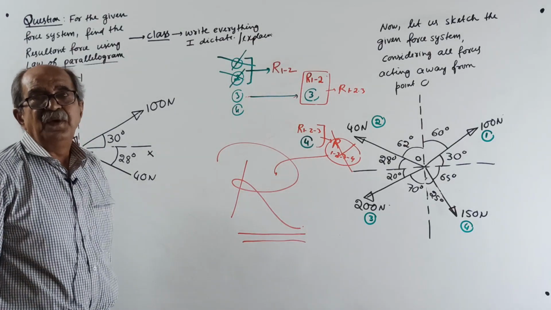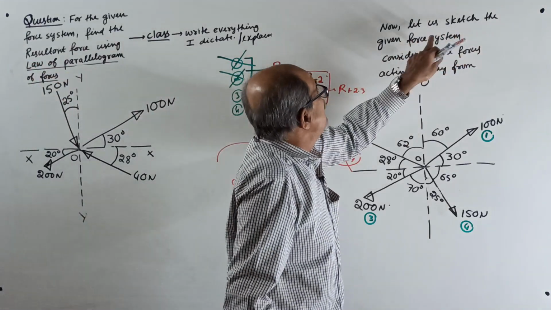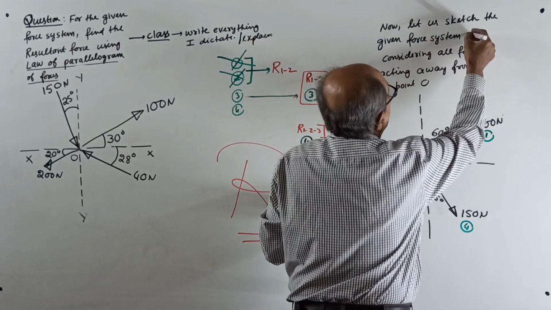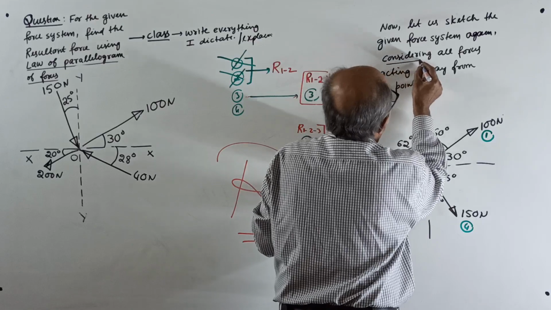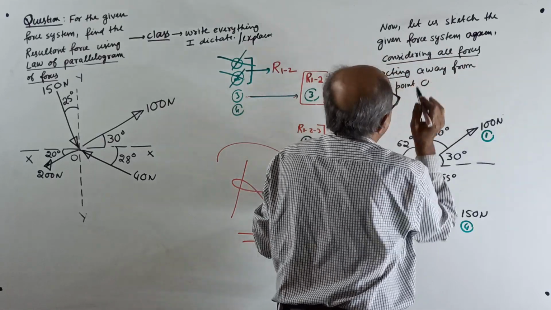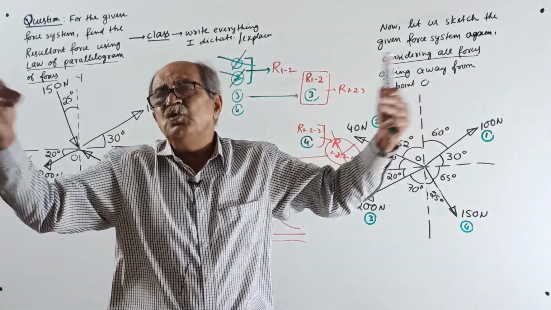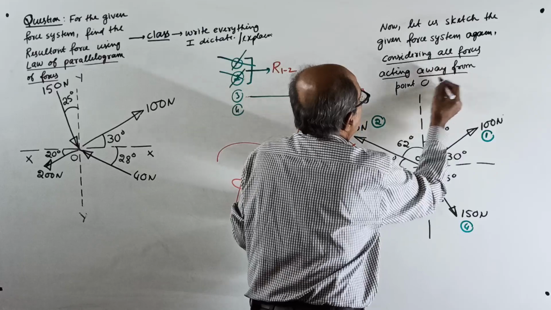Instead of that, what we will do is, let us take the given force system again. Considering all forces, your choice, either away or towards, we will do all forces away from the point O.